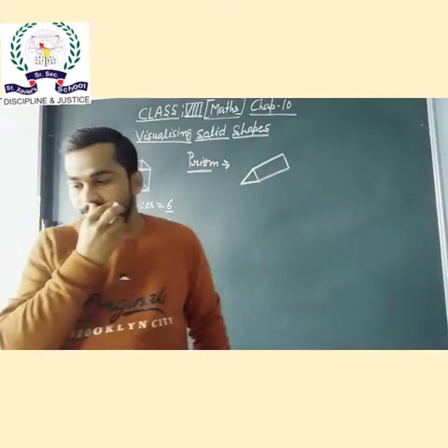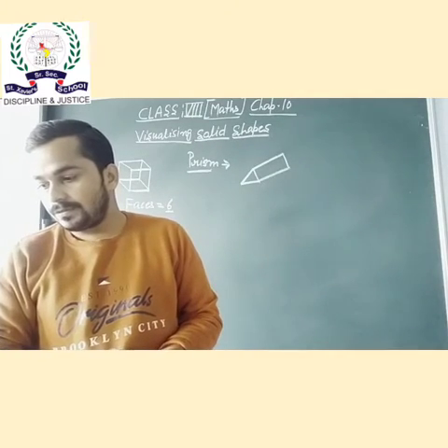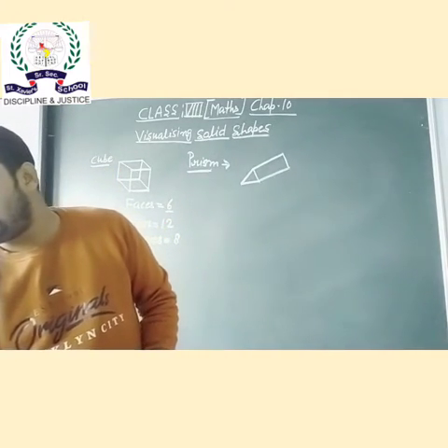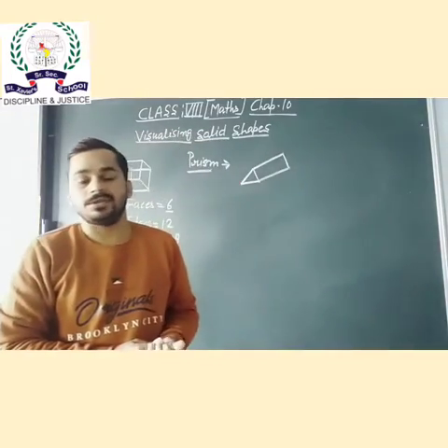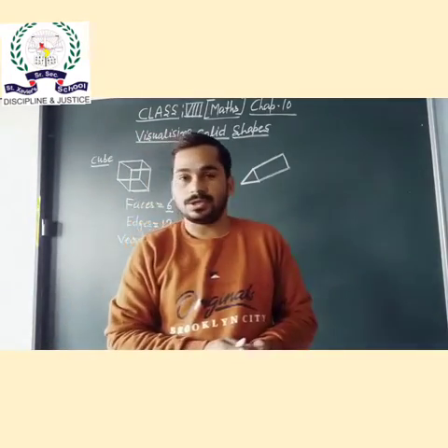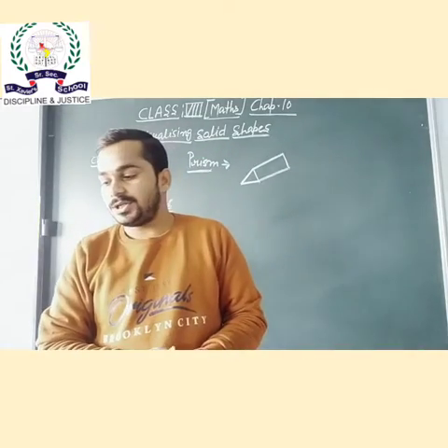A triangular prism has 5 faces, 2 triangular and 3 rectangular. Number of faces equals 5, in which 2 are triangular and 3 rectangular, and it has 6 vertices and 9 edges.